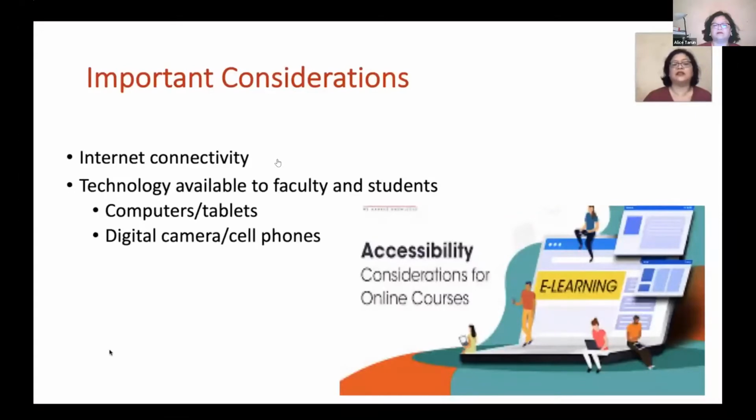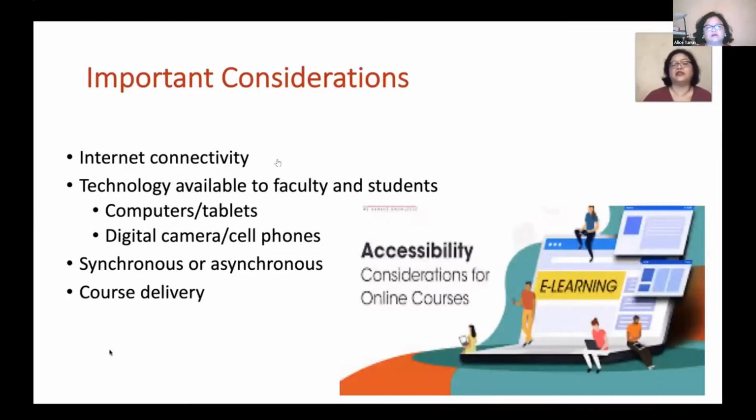There are variations in the availability of internet, and also the technology that's available to faculty and students. We also have to determine whether we have to do synchronous or asynchronous instruction, and the mode of course delivery.